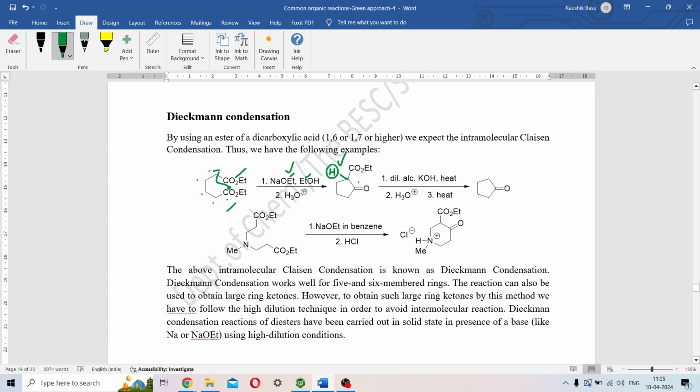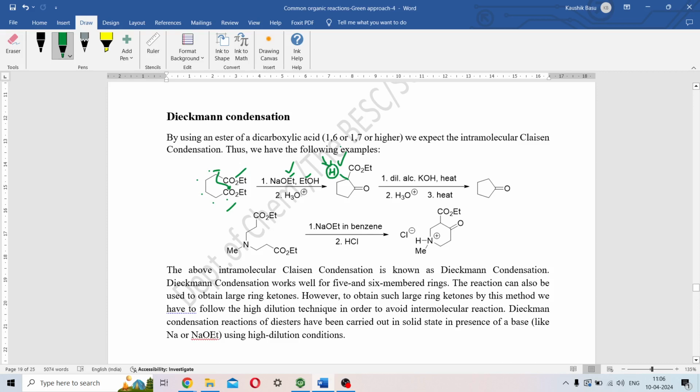So Claisen condensation will fail if you use sodium hydroxide as a base. But you can use non-nucleophilic basic compounds such as Ph3CNa or something like that. Even if you do not have this sort of a hydrogen present here, Claisen or Dieckmann condensation will take place. But if you are using sodium ethoxide, then you must have this hydrogen present, otherwise the equilibrium will not favor the product but will favor the reactant.